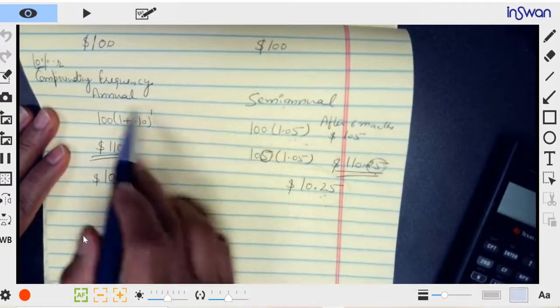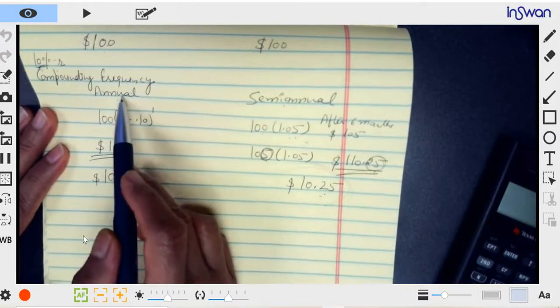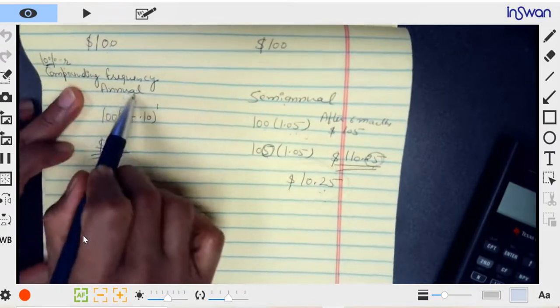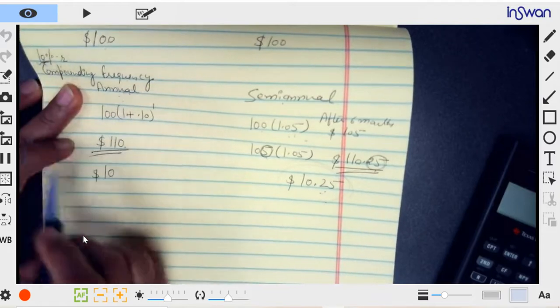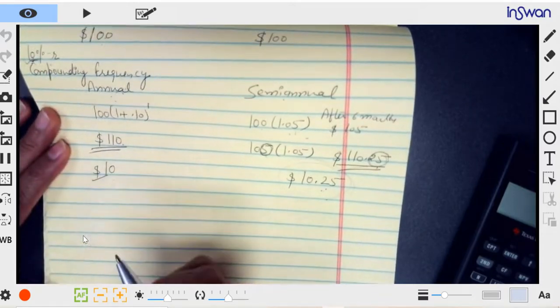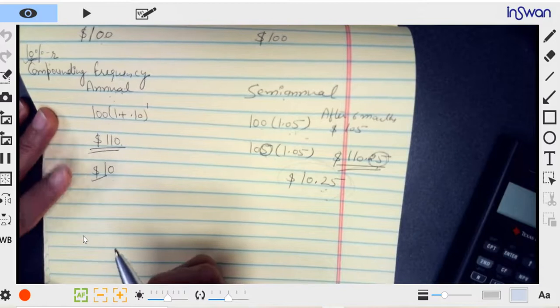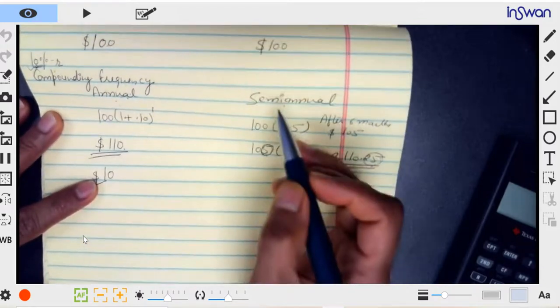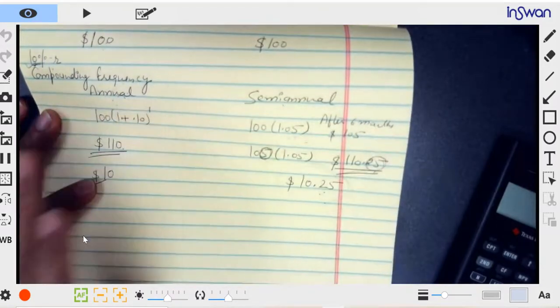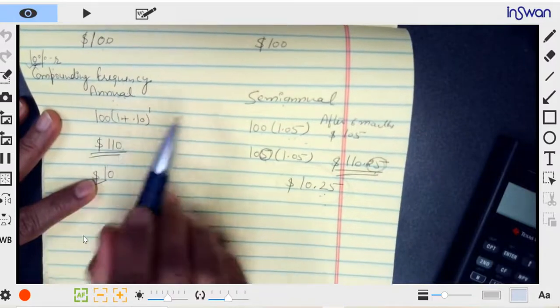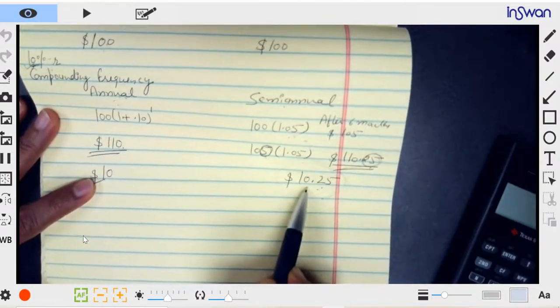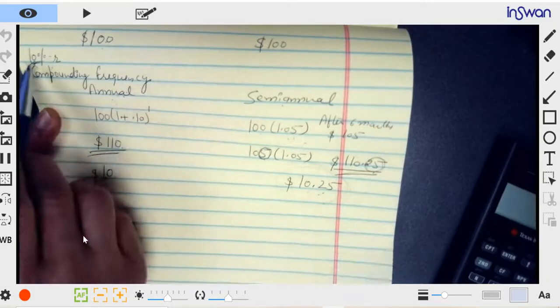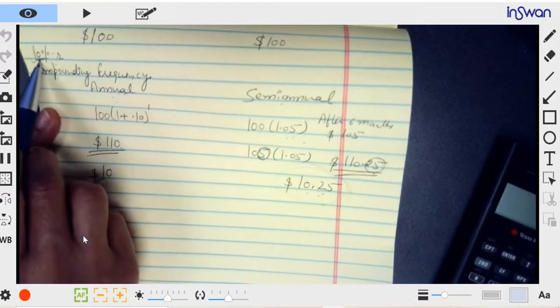If in both cases the compounding frequency is annual, then for annual compounding the nominal interest rate as well as the effective interest rate are the same. So how much you actually earned. Whereas if the compounding frequency is different from annual, the effective interest rate would always be greater than your nominal interest rate.